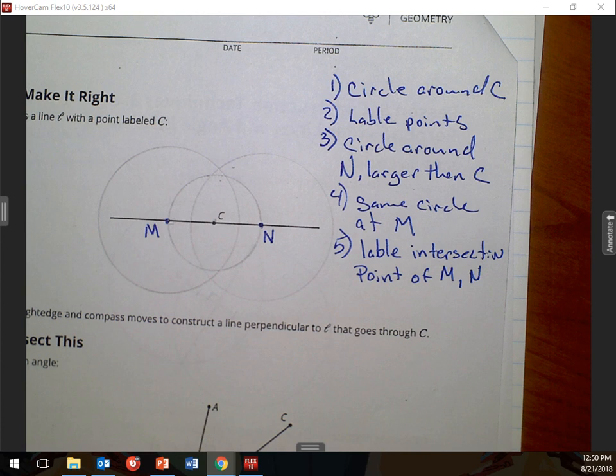Say yes. Very good. Okay, so we're labeling those points.